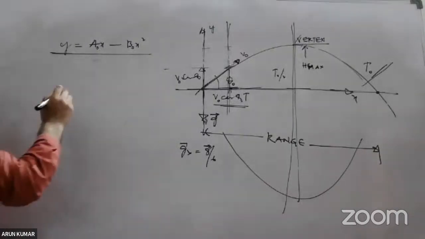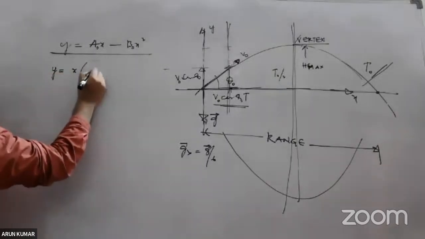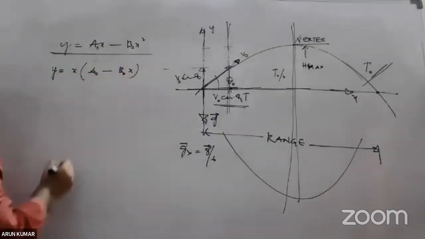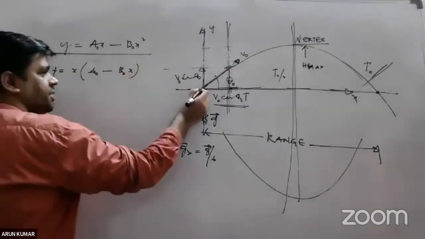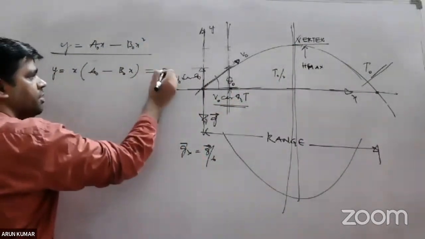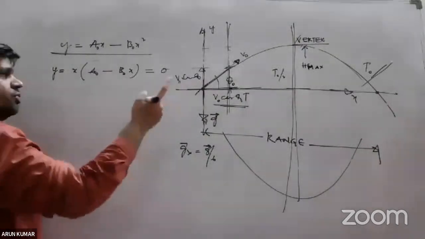Okay. Look at this. I'll write this y is equal to x times A naught minus B naught x. X కామన్ తీసుకున్నా. Now it is 0 initially. మళ్ళీ 0 ఎప్పుడు అవుతుంది కనుక్కోవాలి నేను. అంటే I'll equate this to 0.